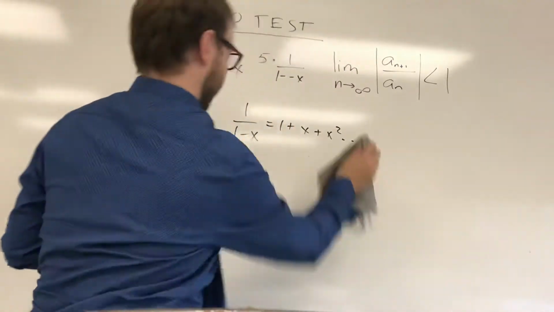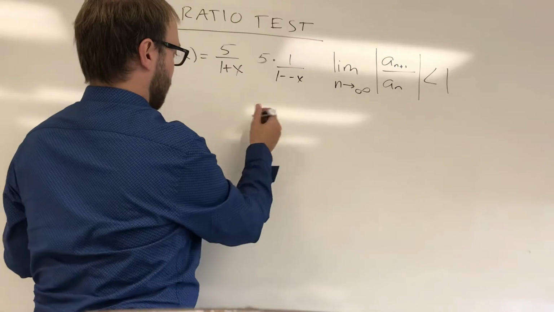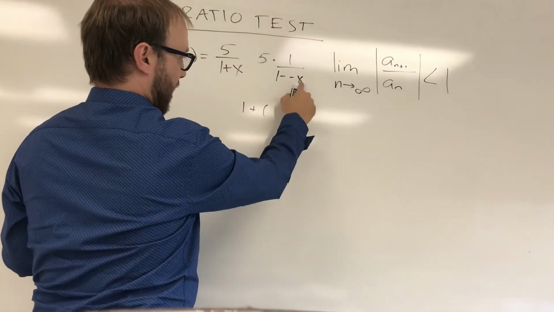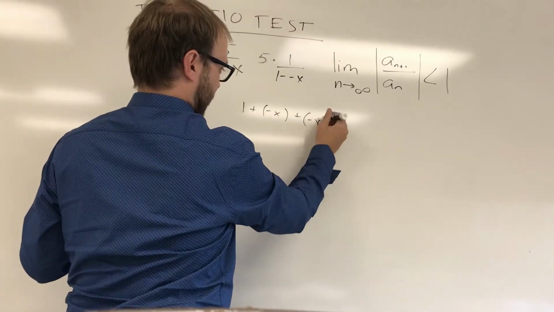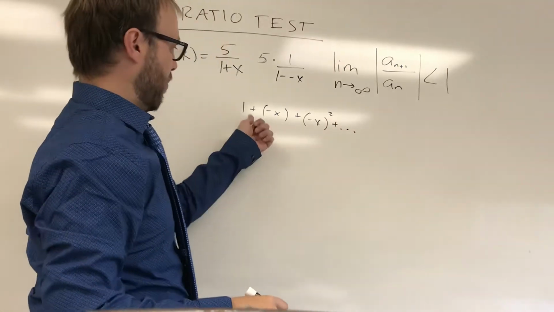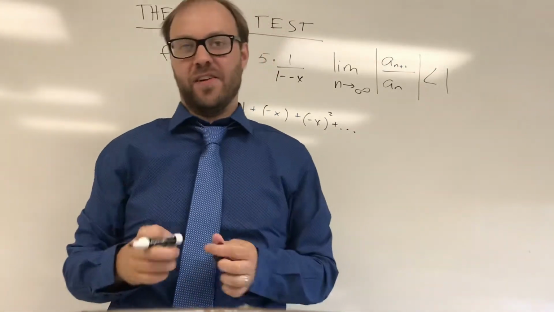This is going to be that same series, except our terms are 1 plus the input of -x plus the input of -x squared, and so on. And so this is going to be 1 minus x plus x squared minus x cubed, and so on. It's an alternating series.